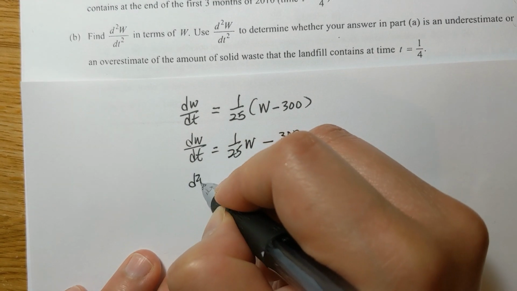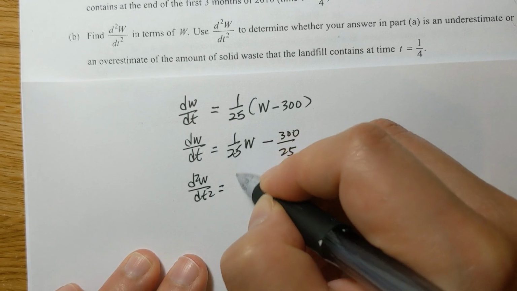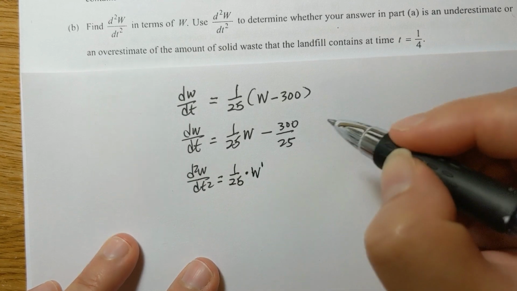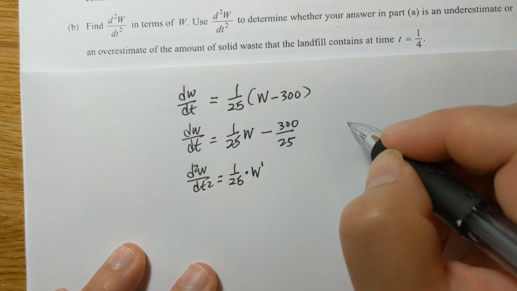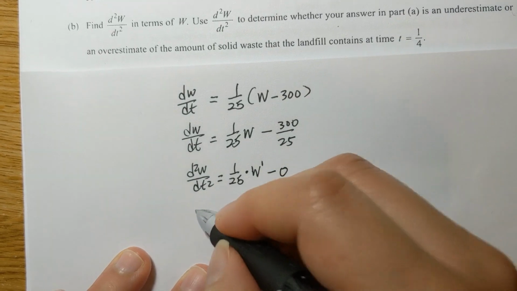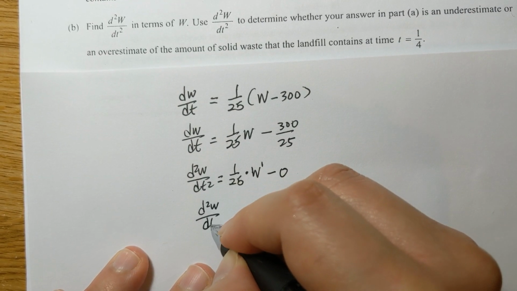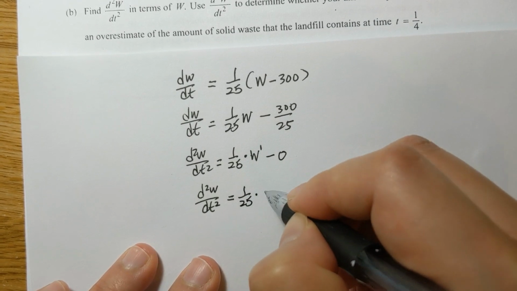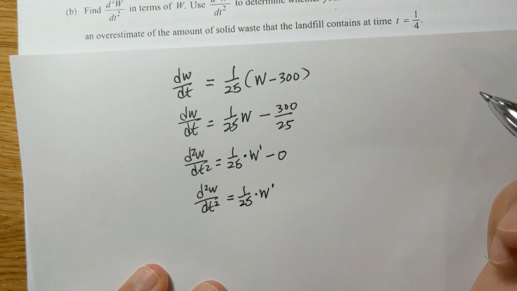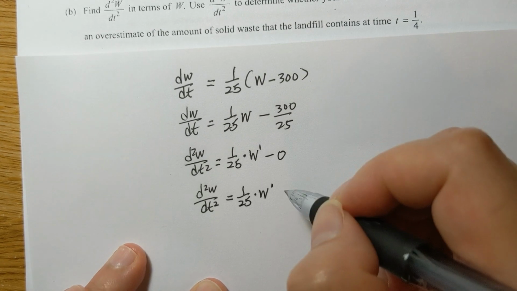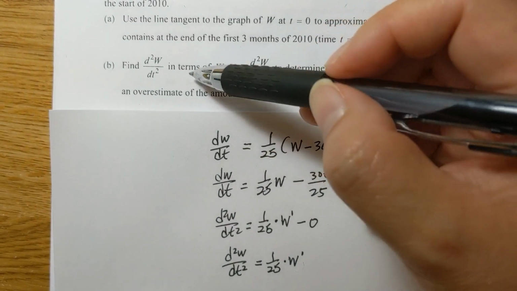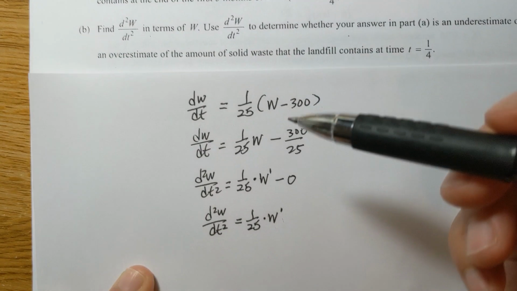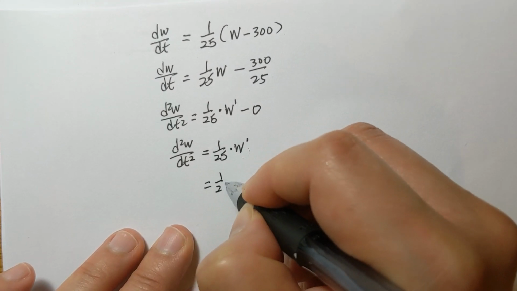Now I'm going to find the second derivative. 1/25 stays the same. The derivative of W is W prime, and the derivative of this is going to be 0. So I simplify it, and then I am going to get 1/25 times W prime. However, I cannot leave my answer this way because the answer has to be in terms of W. So I'm going to substitute.